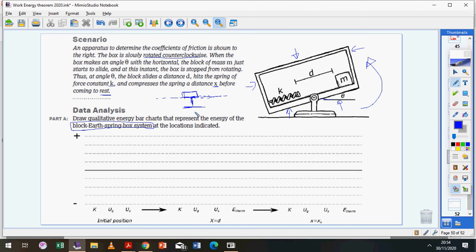Technically, it also doesn't have gravitational potential energy even if you consider this to be zero, because it's still supported by this thing, and since it's just flat, the only way it would have energy is if this thing got out of the way, but it's not. But let me use this as my zero and say that at this position, it has no gravitational potential energy.